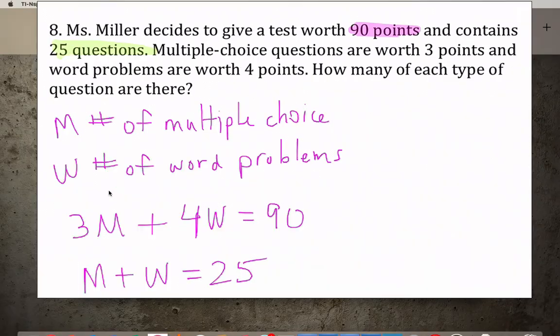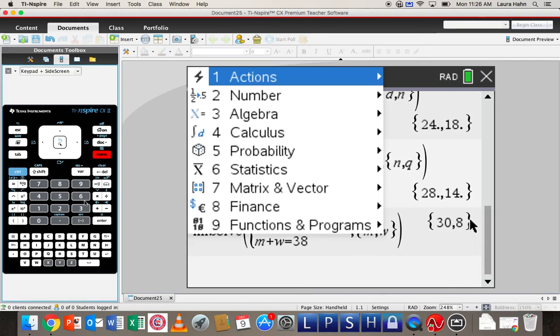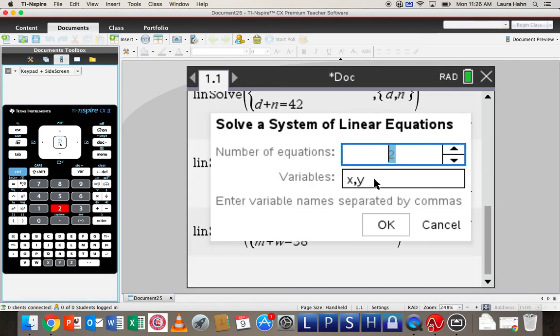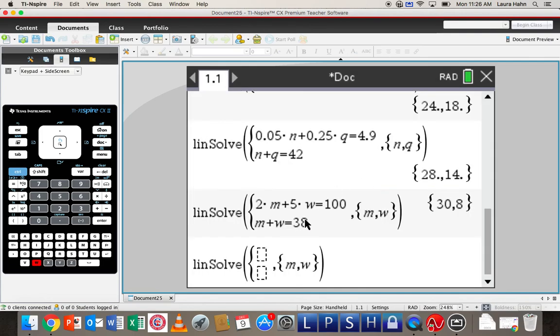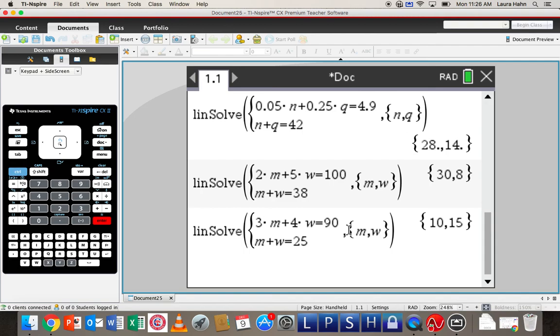So now that I have my equations, I'm going to go ahead and use menu 3, 2, change my variables to m, w. My first equation is 3m plus 4w is equal to 90. The next equation was m plus w equals 25. I pay attention to how I type my variables in.